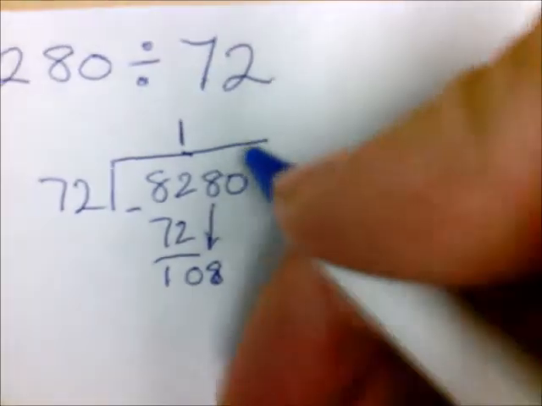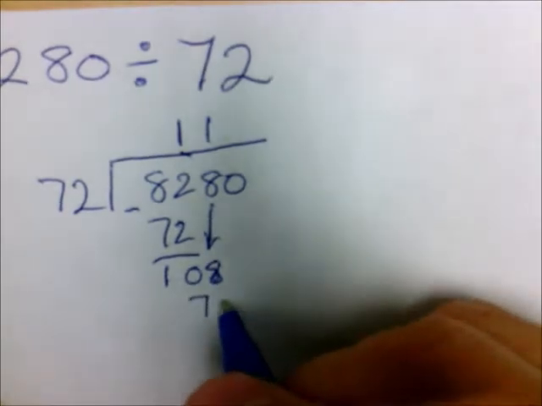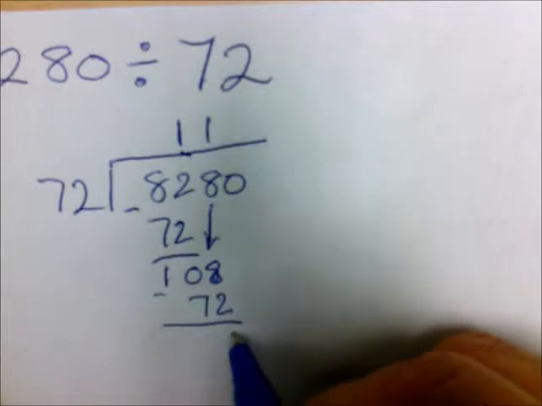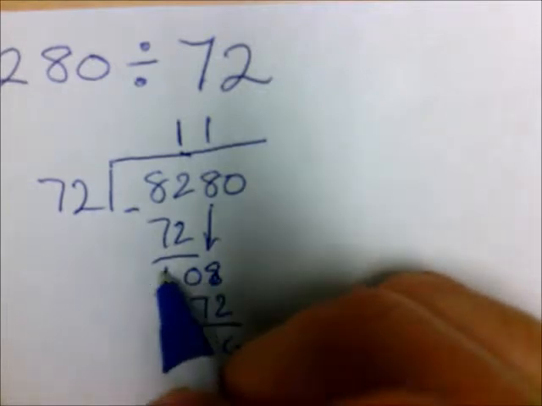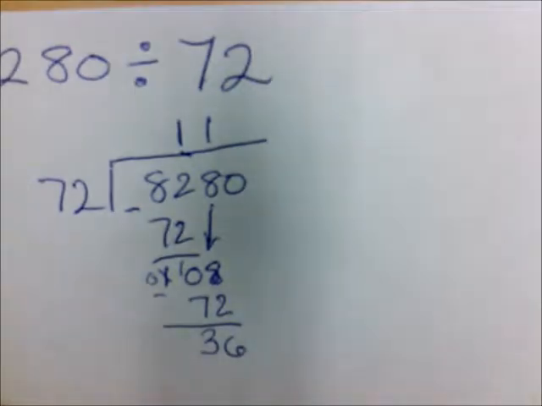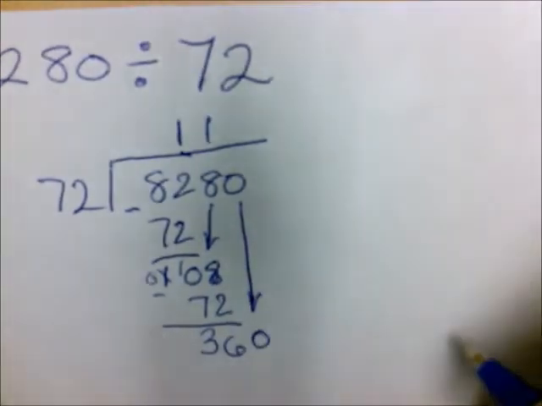So we'll still only go in there 1 time. So that's going to be a 72. Subtract. 8 minus 2, that is 6. Let's see here, we'll just borrow, that's a 10. 10 minus 7 is a 3. Alright, is 36 less than 72? Yes, it is.